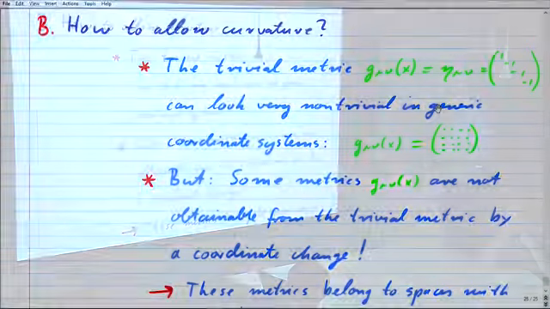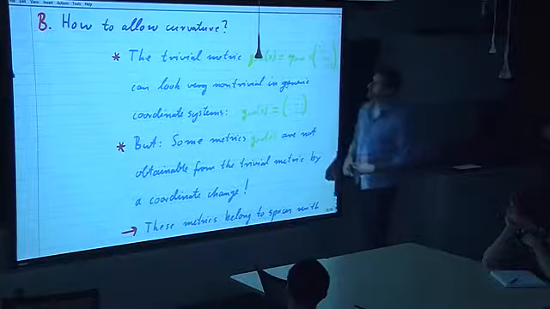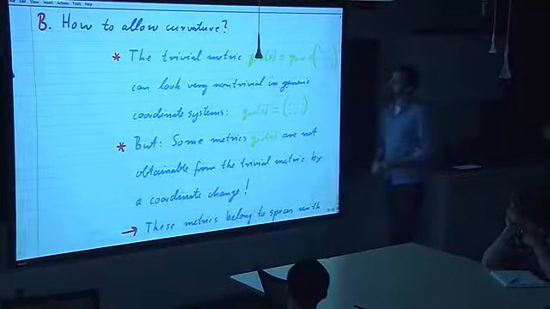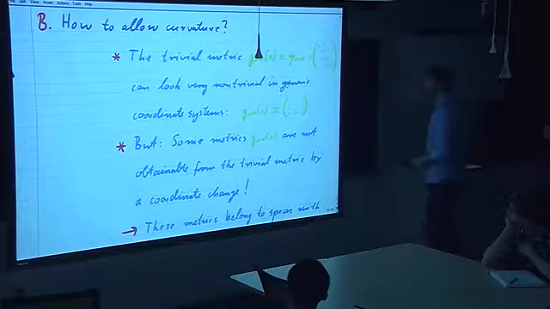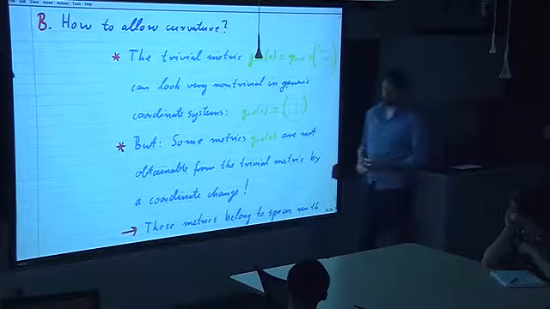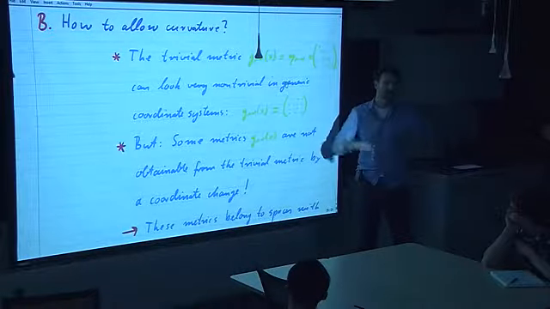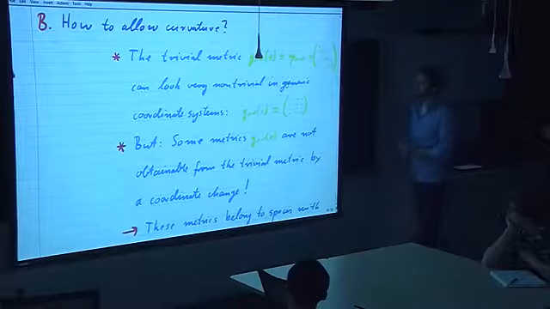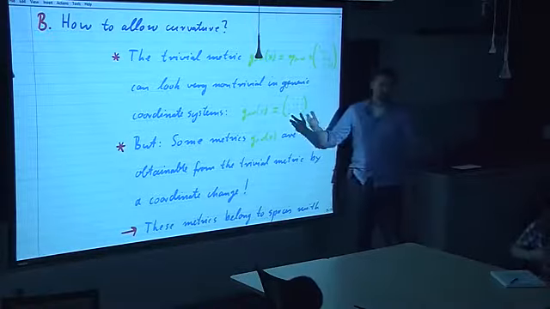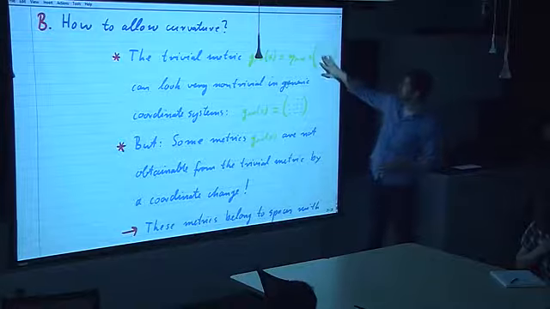And then how do we allow curvature to occur? Well, that's very simple now. Consider what happens when you change coordinate system. So still flat space, just Minkowski space. And we change coordinate system. If we start with the Cartesian coordinate system, the metric takes this form.